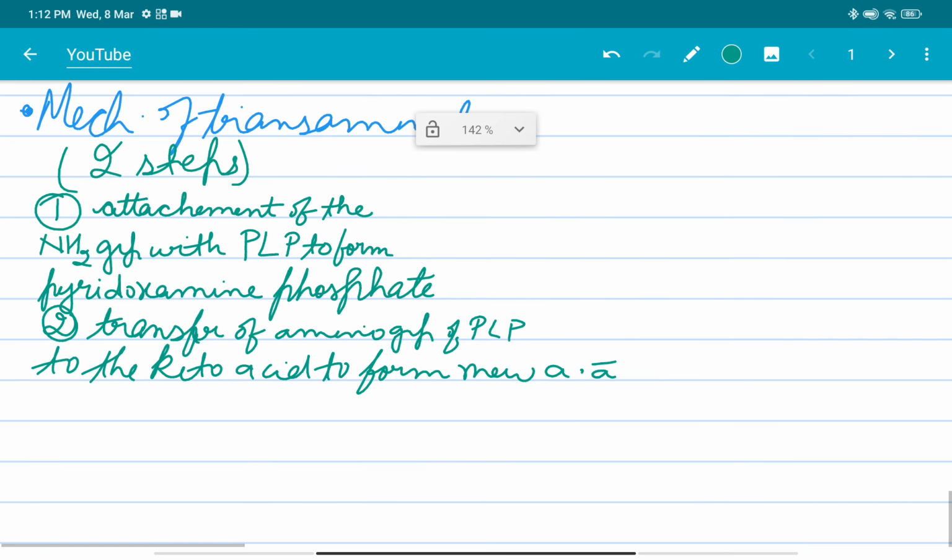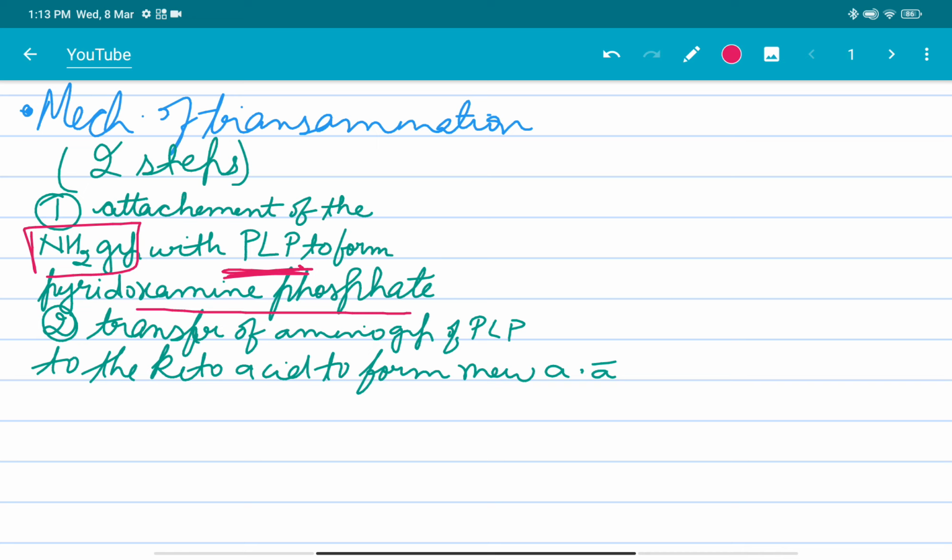So, what are the two steps involved in the mechanism of transamination? The number one step is the attachment of the amino group with the PLP, that is pyridoxal phosphate, in order to form pyridoxamine phosphate. Next is the transfer of the amino group of the PLP to the keto acid in order to form the new amino acid.